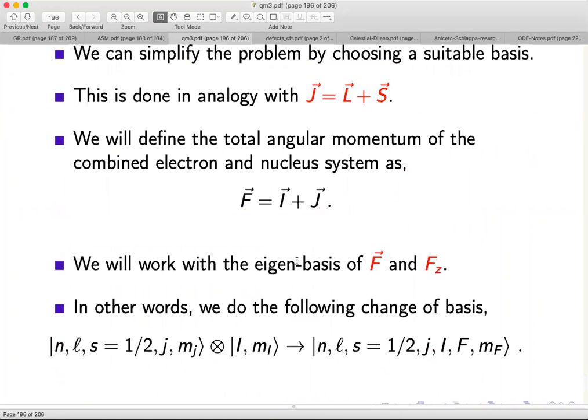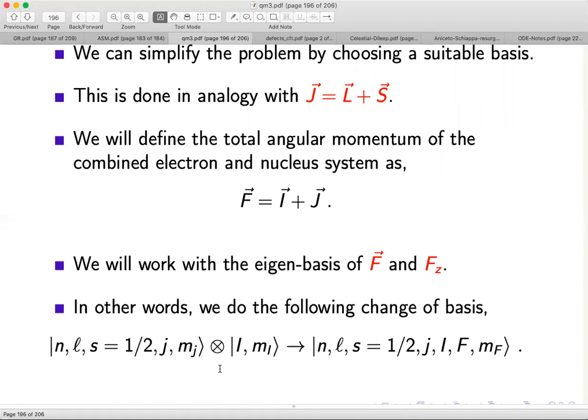This is equivalent to the statement I just made about the L plus S thing, that you initially had an LS ML MS basis and you will go to an LS JM basis. We will do the same here. We start with the basis n, l, s equals half, j, mj, which is already a basis in which the ML MS pieces have been combined into the JM basis.